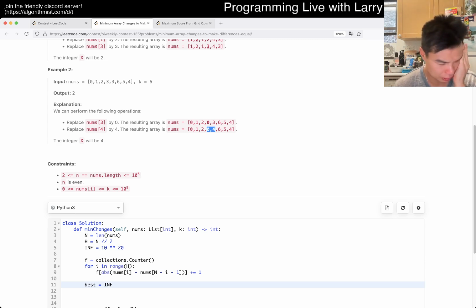How do I do a contribution? Okay, so this one is 0. Prefix sum. Yeah, maybe some prefix something.